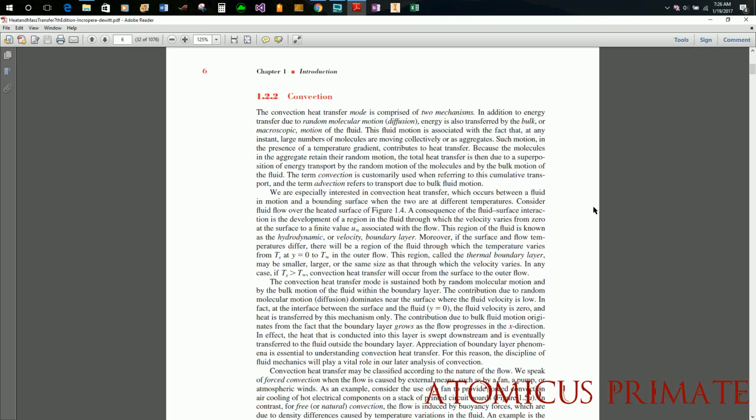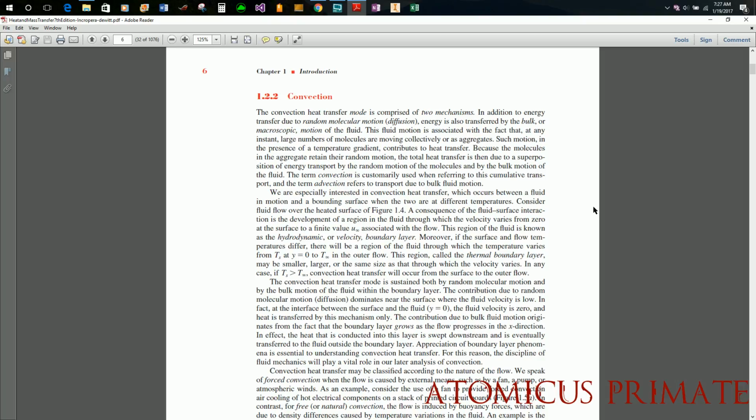We are especially interested in convection heat transfer, which occurs between a fluid in motion and a bounding surface when the two are at different temperatures. Consider fluid flow over the heated surface of figure 1.4. A consequence of the fluid surface interaction is the development of a region in the fluid through which the velocity varies from zero at the surface to a finite value, u sub infinity, associated with the flow.